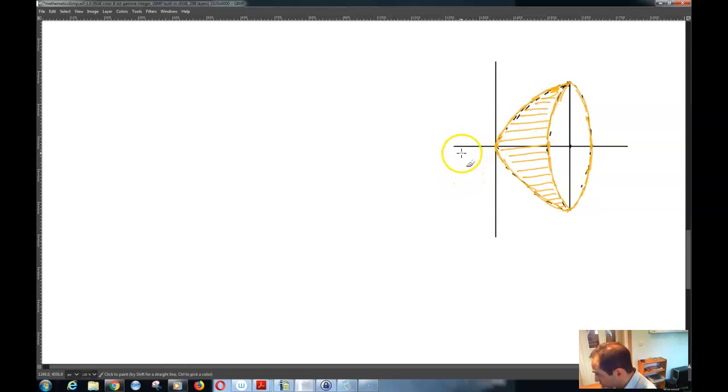So this is your mirror, and this distance over here is 45, and this is the x-axis, this is the y-axis. This is point O, and this is point A, and this is point B.